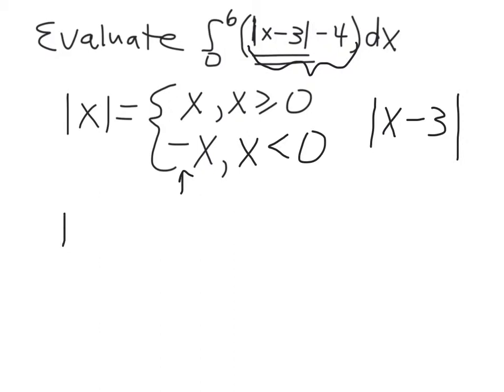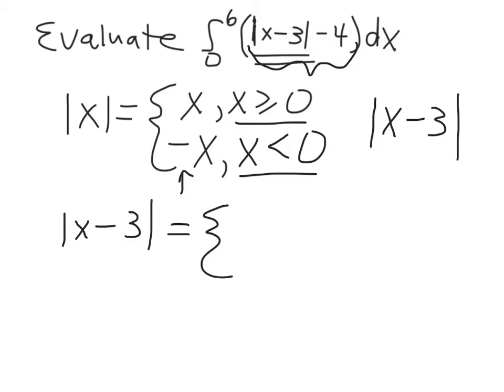And if you want, we could rewrite it as this piecewise defined function. This time, instead of looking at 0 as the break, the switch between positive and negative, what x value are we going to need to use? Okay, 3.